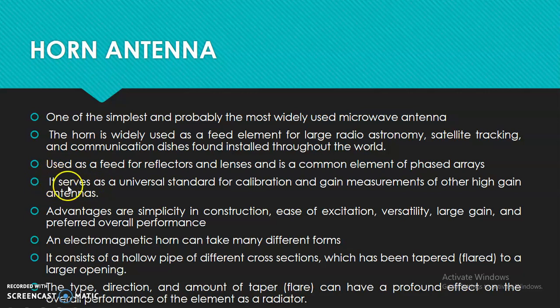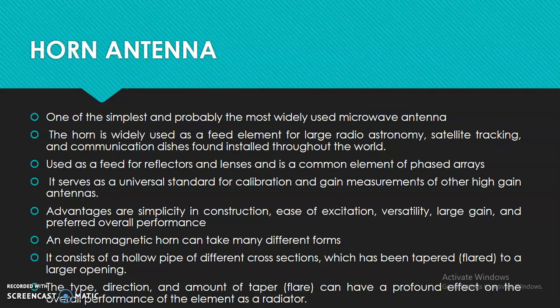So the one type of antenna which is kept as the universal standard for the calibration of other high gain antennas is the horn antenna. Advantages are its simplicity in construction, ease of excitation, versatility, large gain and very good performance.